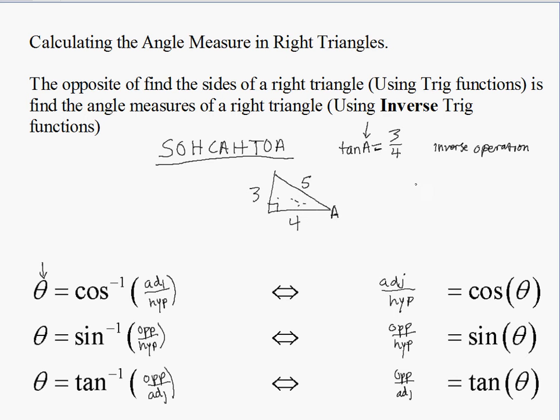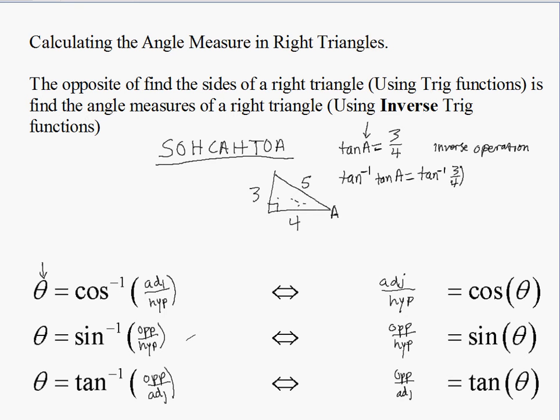That means that on both sides, I'm going to apply my inverse tangent to both sides of the equation. I know it says tangent raised to the -1 power. Don't say that. Say inverse tangent of tangent of A is equal to the inverse tangent of 3 over 4.